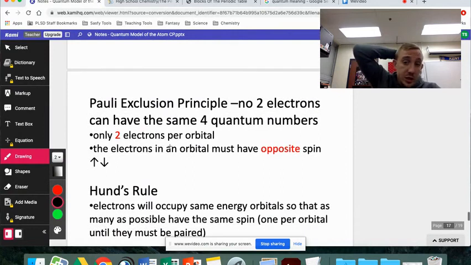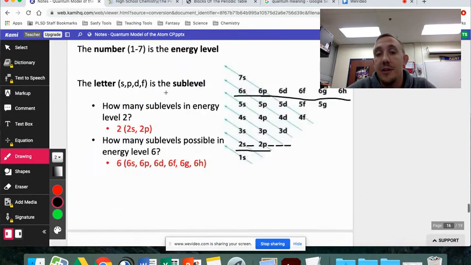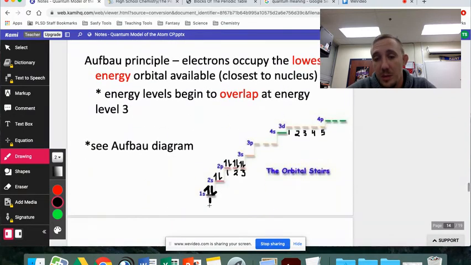So the Pauli exclusion principle says no two electrons can have the same 4 quantum numbers. Okay, so it's going to have a different energy level, sublevel, orbital, and then the biggest one is spin. For every up arrow that you see, you're always going to have a down arrow. That's why when you saw me drawing up here, for every up arrow, I drew a down arrow.